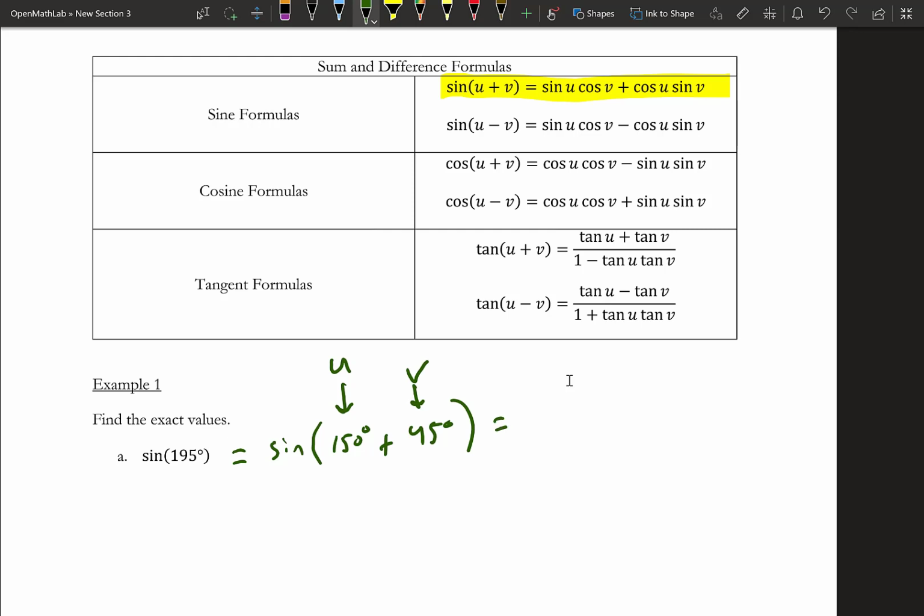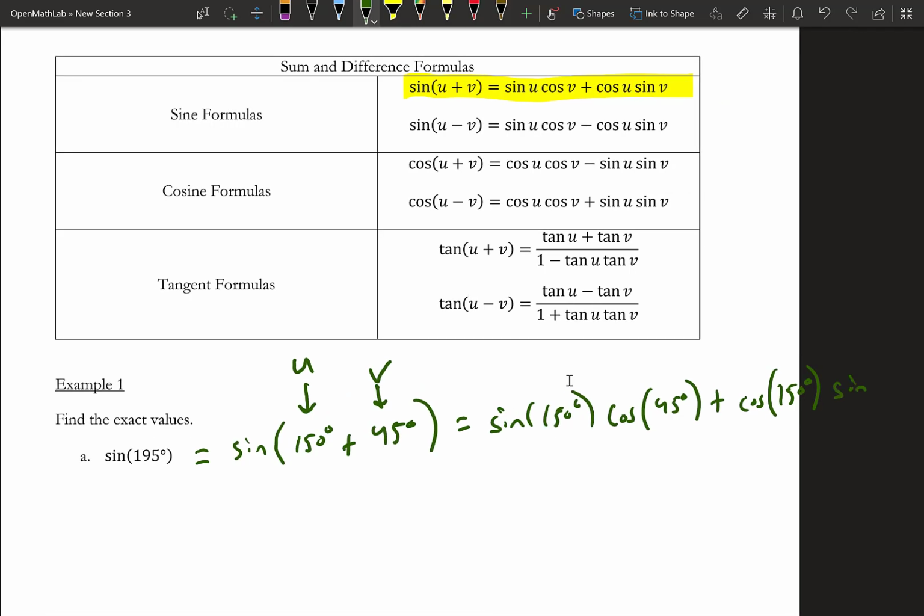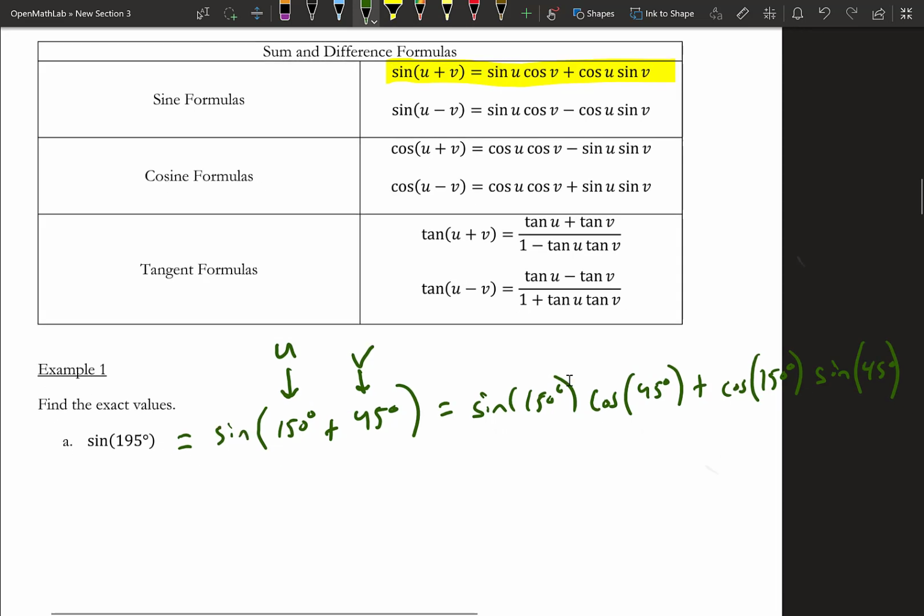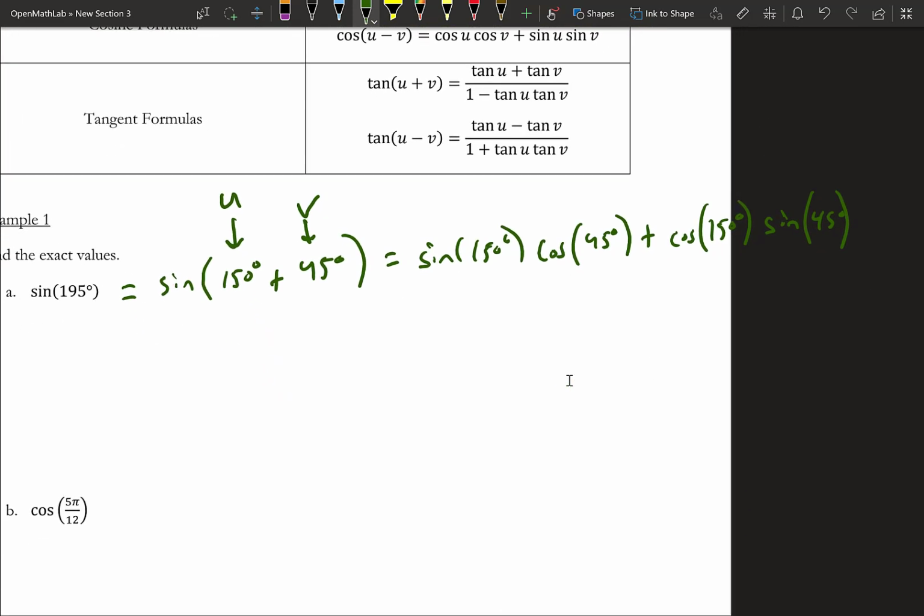So then this would be equal to, just using the formula, sine of 150 degrees times cosine of 45 degrees plus, let me write this a little better, plus cosine of 150 degrees times sine of 45 degrees, right?